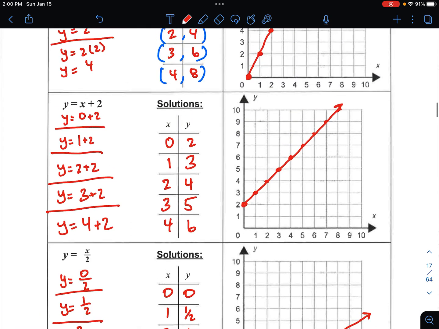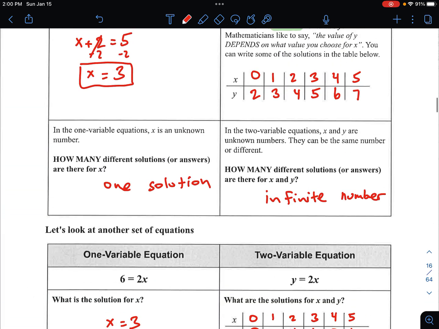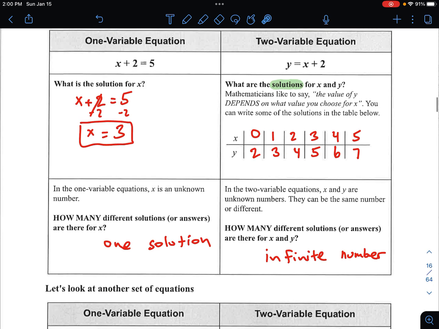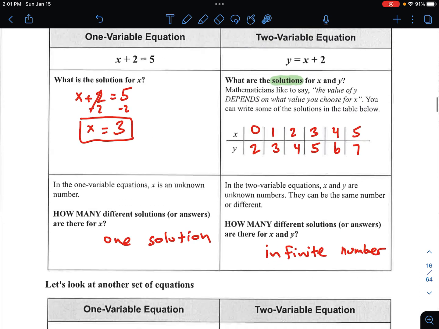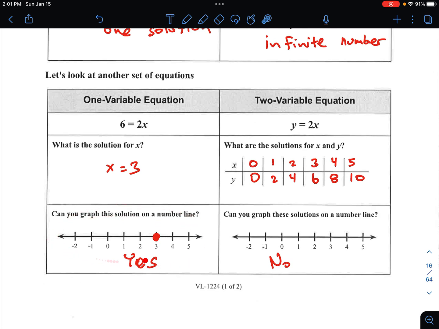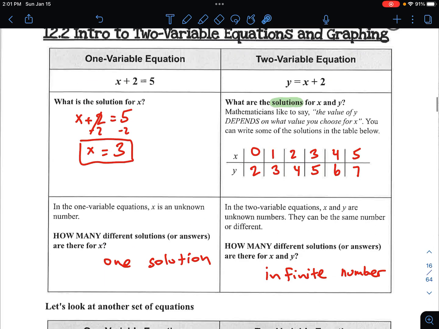So yeah, this is our introduction to two variable equations. As you can see, they're very different. Our one variable equations have one solution, and if you graphed it on a number line, it could just be a one-dimensional number line like this, and it's a simple dot. But if we have a two variable equation like this, you're going to have lots of solutions. And how do you figure out the solutions?